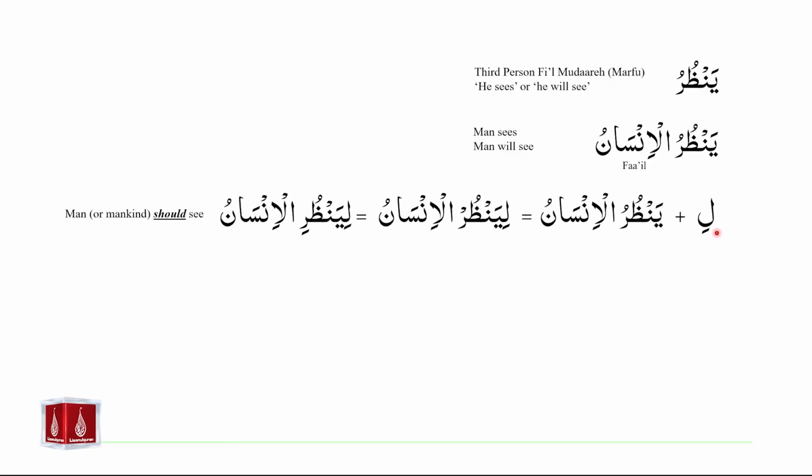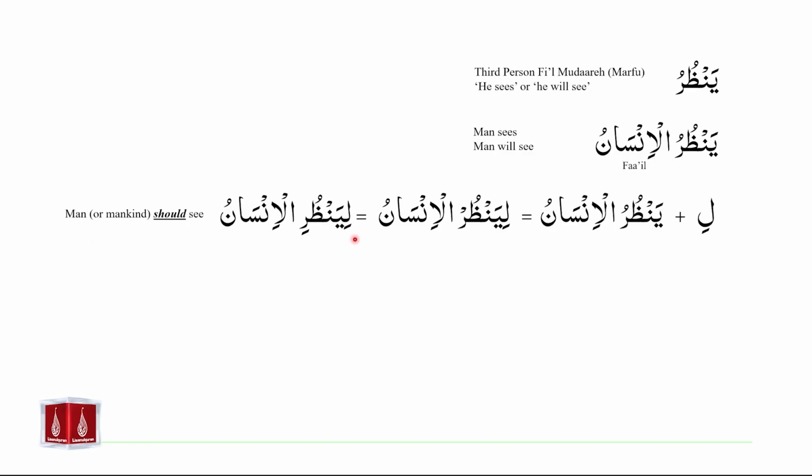With the addition of laam of amr, yanzuru, which is fi'il mudari marfu, is becoming yanzur, which is fi'il mudari majzoom. Liyanzuril insanu can be translated as man or mankind should see.